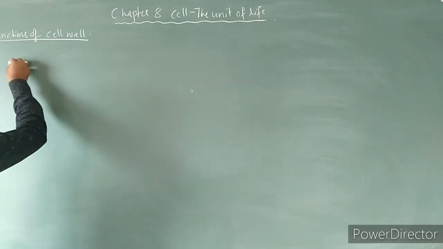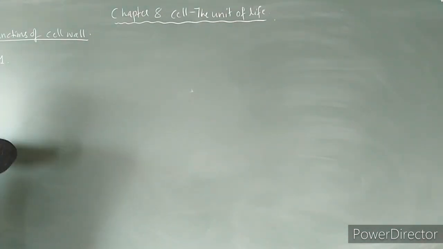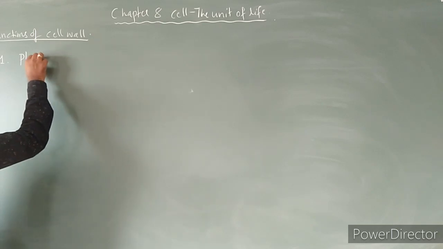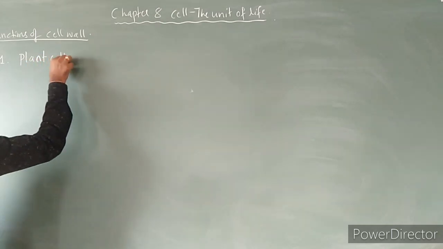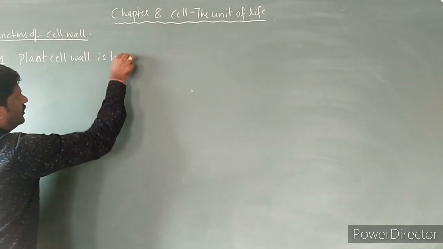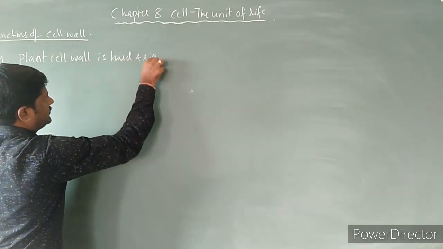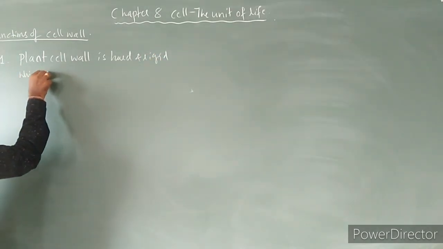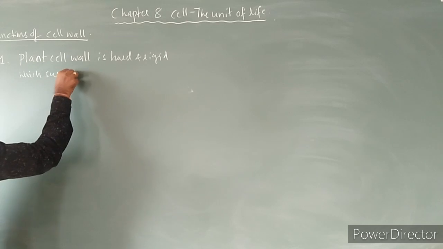Let us write it. The first function: plant cell wall is hard and rigid, which surrounds the cell.